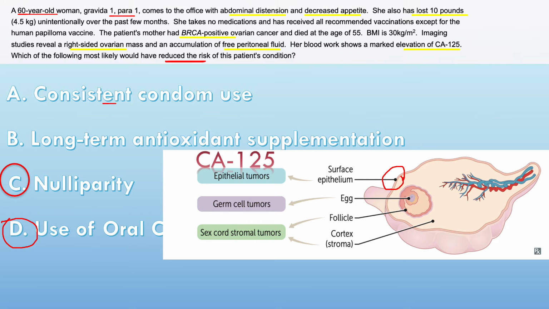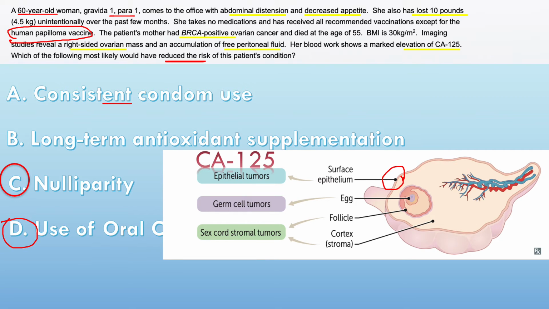Now, consistent condom use would be a protective factor for cervical cancer. Actually, this is a very bad distractor because it's mentioned here she takes no medication. She's received all vaccines except for HPV.